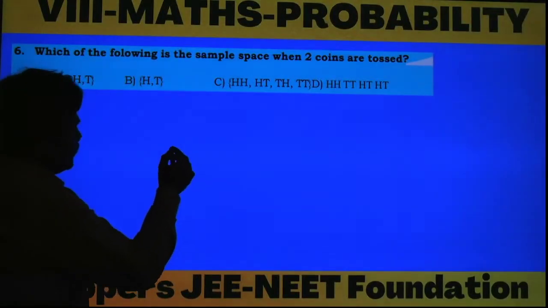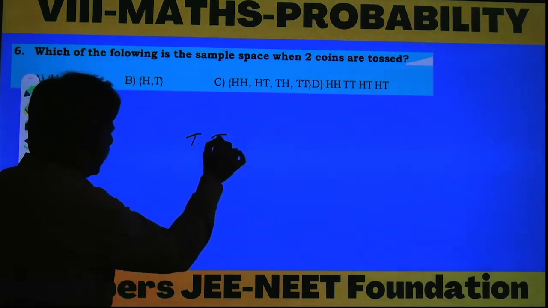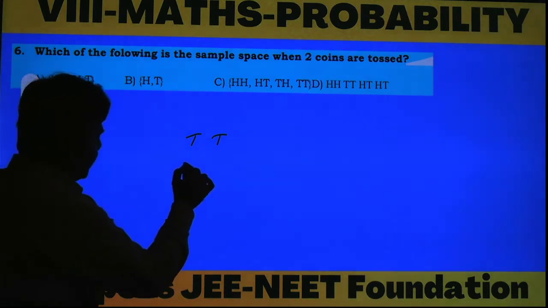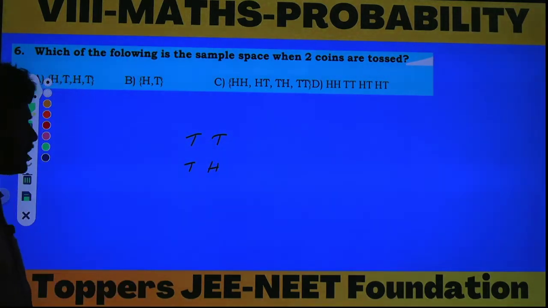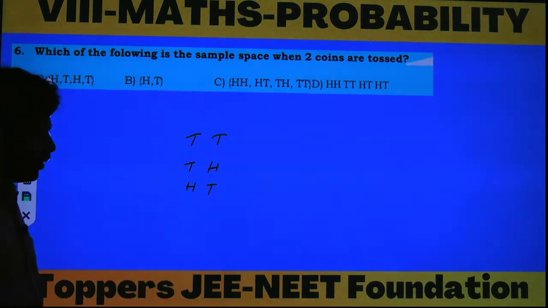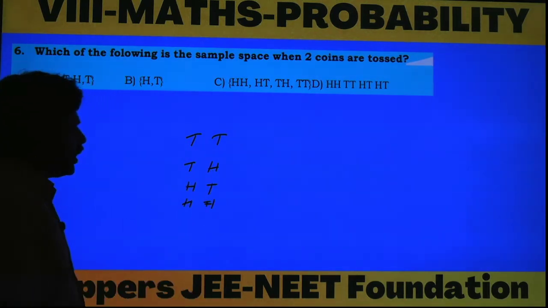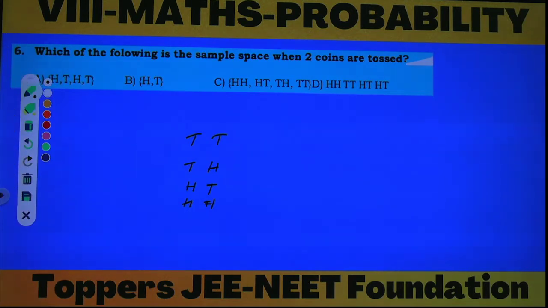Suppose first coin may be tail, second coin also may give tail. That is one of the possibilities. First coin may be tail, second coin may be head. First coin may be head, second coin may be tail. First and second both may be head. Now these are the possible outcomes whenever you toss two coins at a time.